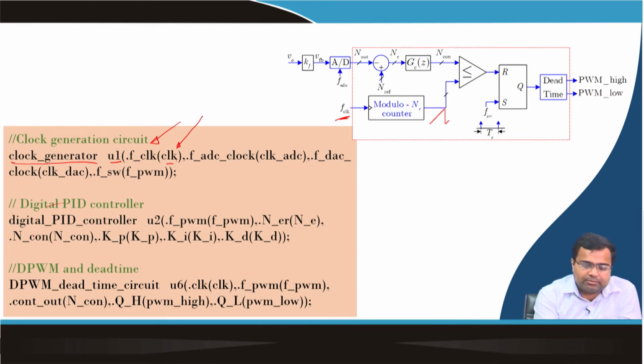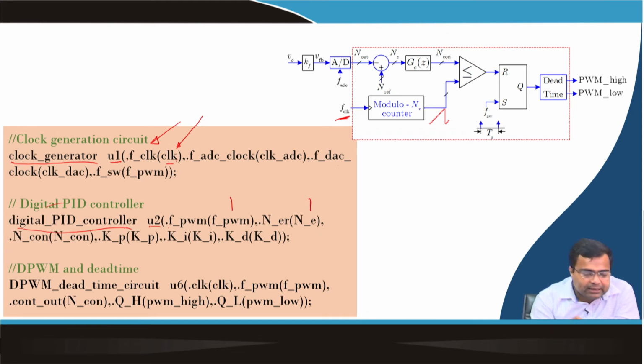Then DPWM. The module name is this, the instance name is this, and then again the dot means we are instantiating by name, and these names are consistent with the module input output variable names, and these are the local variables. Okay.